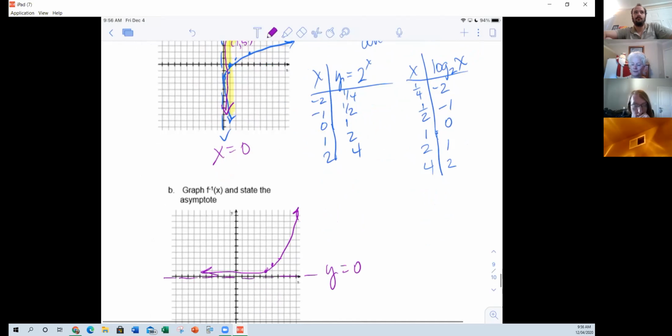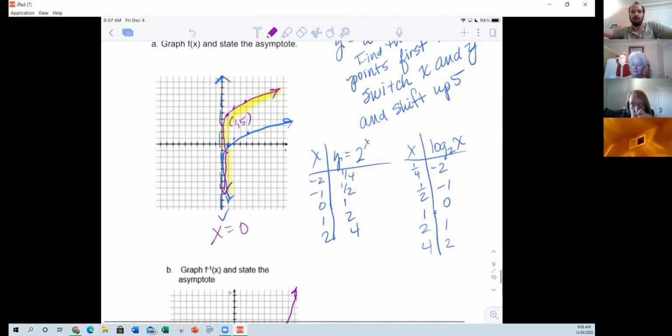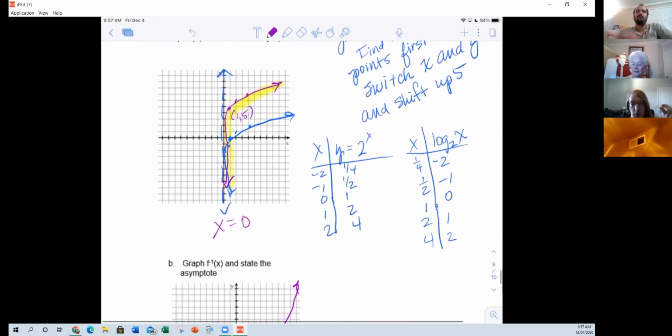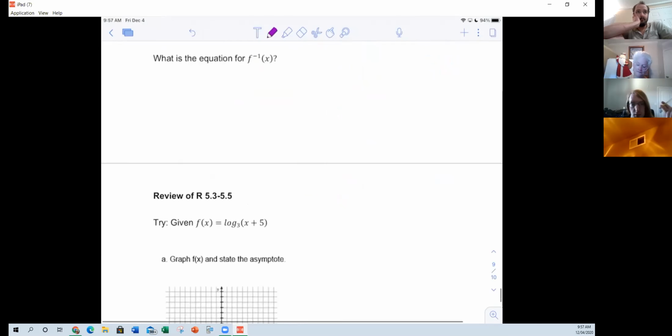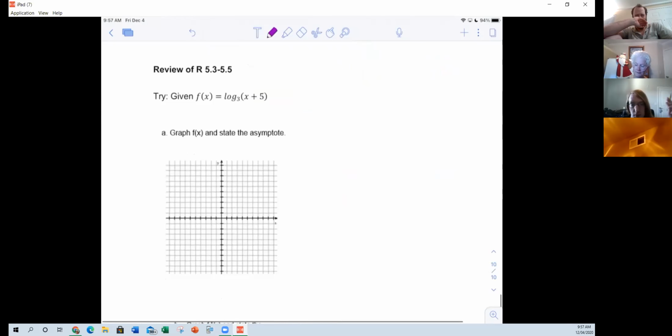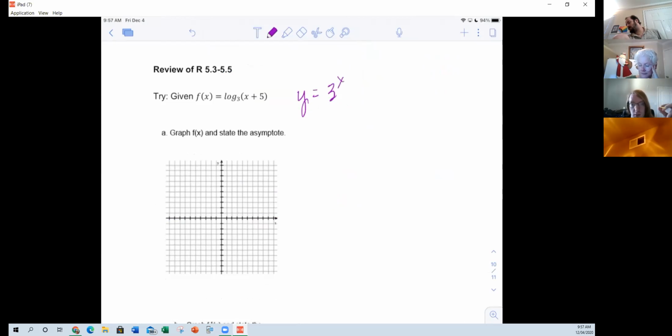So we're finding functions, their inverses, and then finding the inverse of the inverse. Now this one, we're going to run out of time, but the difference here is when you switch your x and y, you're still going to be looking for y equals 3 to the x first.